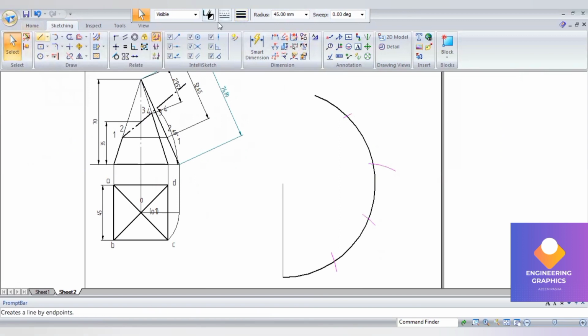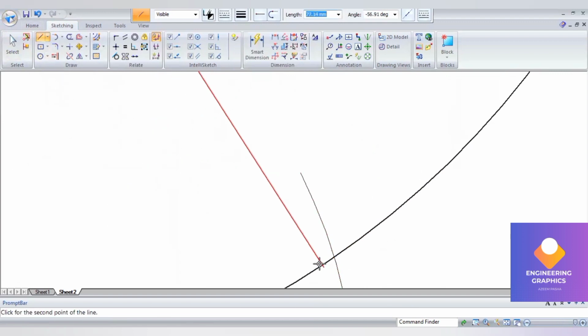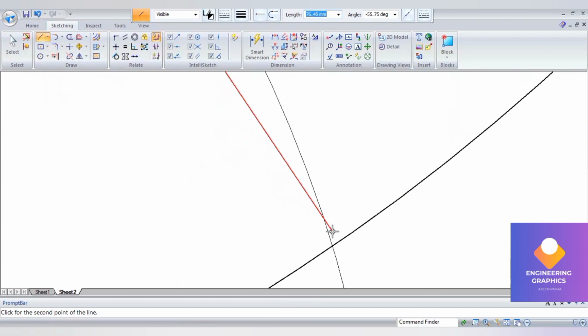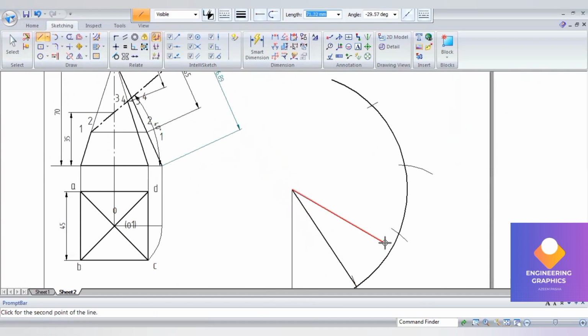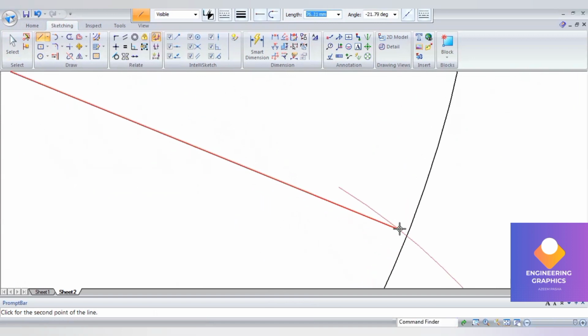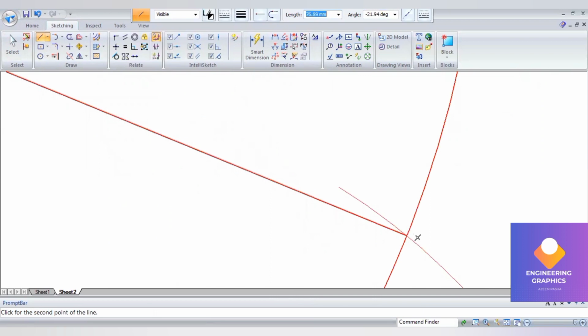Okay, now using a straight line we can join this. Zoom in and try to join with the exact point, so that we can avoid the mistakes.